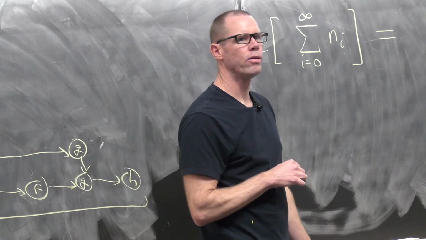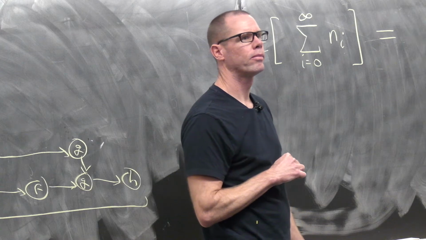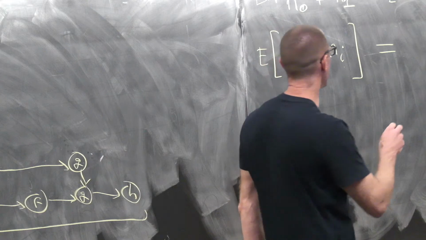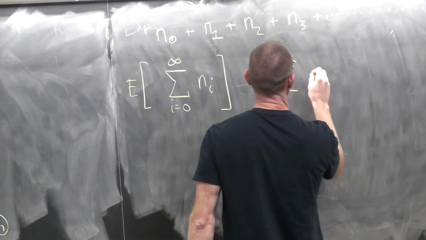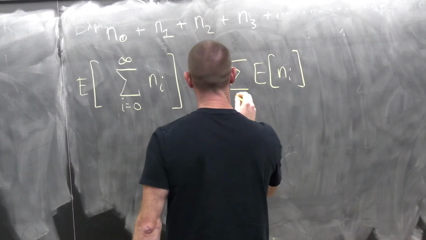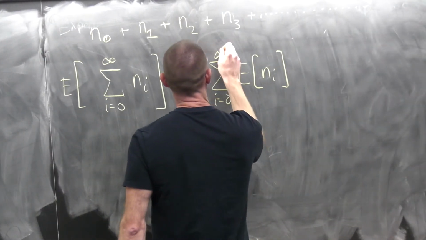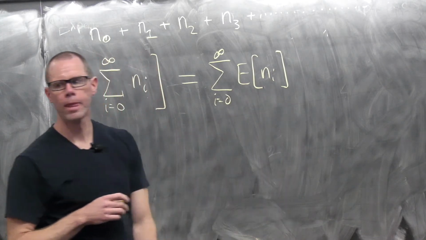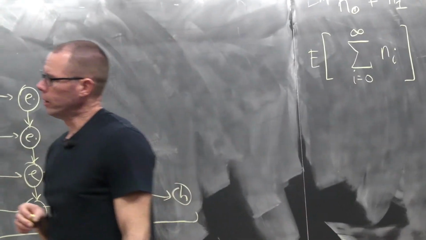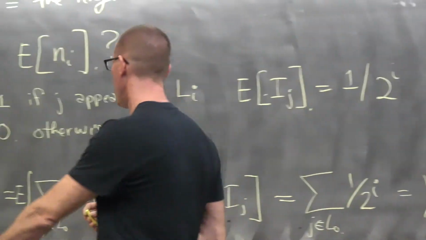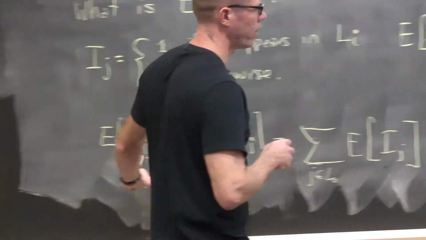So which trick do you use for that? Yeah, linearity of expectation. That's just this trick of saying, let's not worry about the complicated thing. We just need to understand its parts. And we have a formula for the parts. It's right here. Expected value of n sub I is n over 2 to the I.